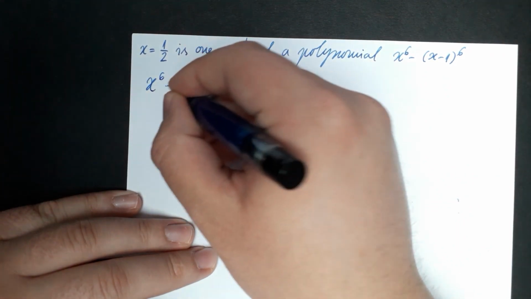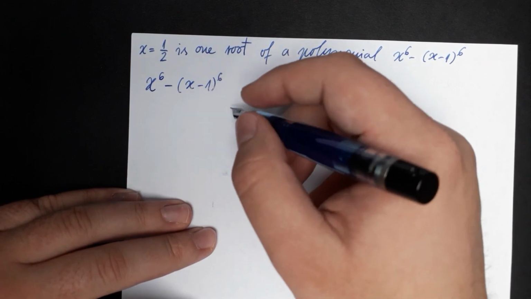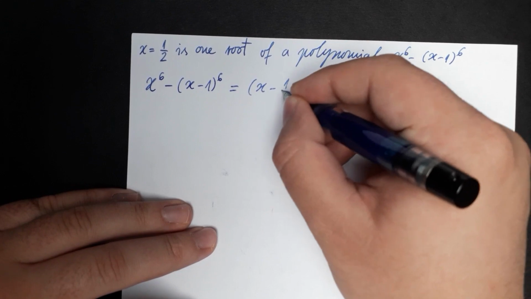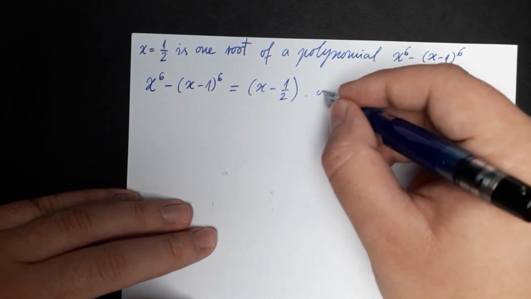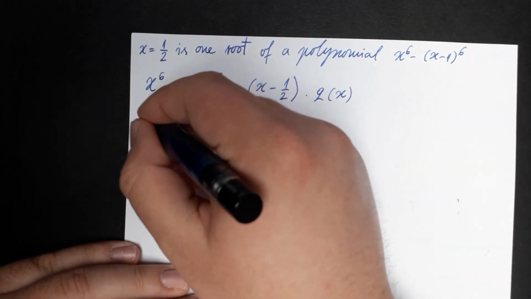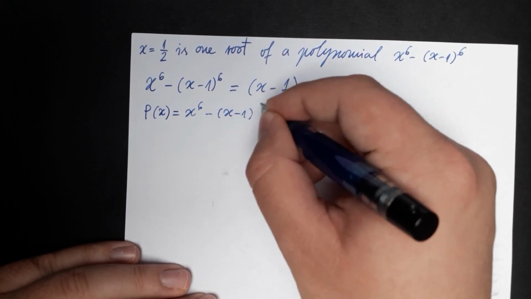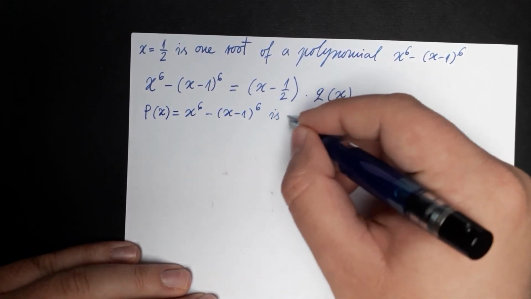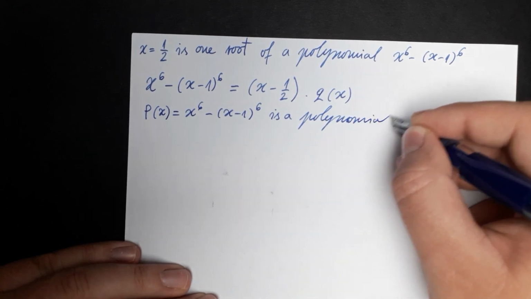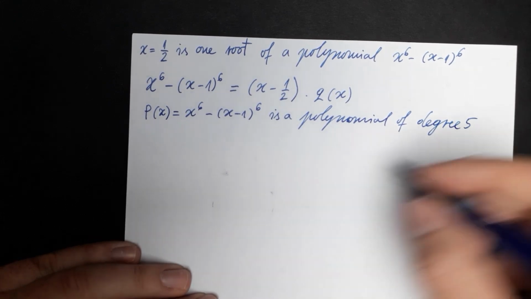Now in order to find all other roots, the 4 that remain, we are going to take the polynomial x to the power 6 minus (x minus 1) to the power 6, and we are going to basically write that polynomial as (x minus 1/2) times another polynomial q of x. Basically p of x, which is equal to x to the power 6 minus (x minus 1) to the power 6, is a polynomial of degree 5.